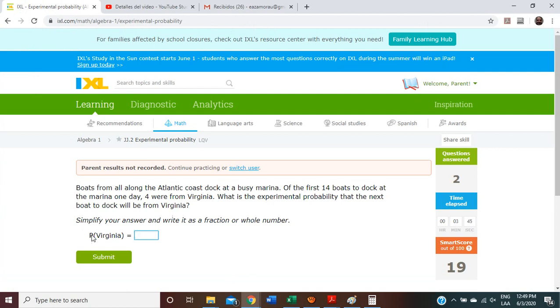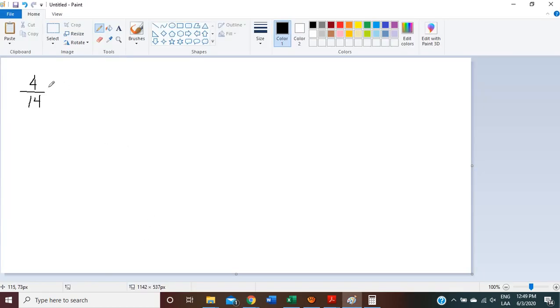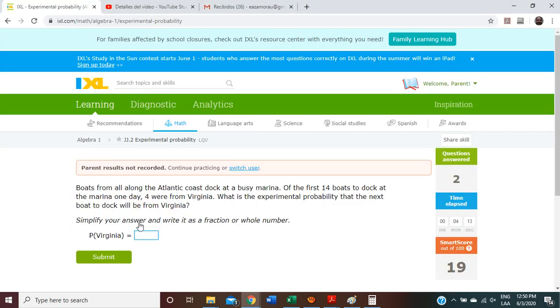They are asking us about the probability that the next boat is from Virginia. So we only simplify this. 4 divided by 2 equals 2. 14 divided by 2 equals 7. We cannot simplify this anymore. And this is our final answer, 2/7. That's our probability.